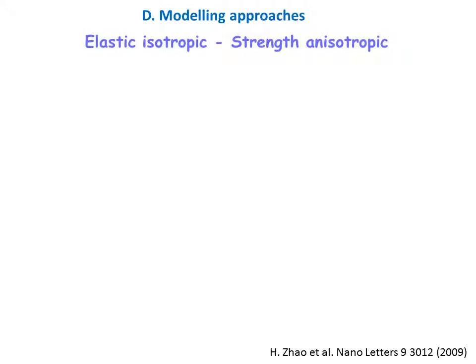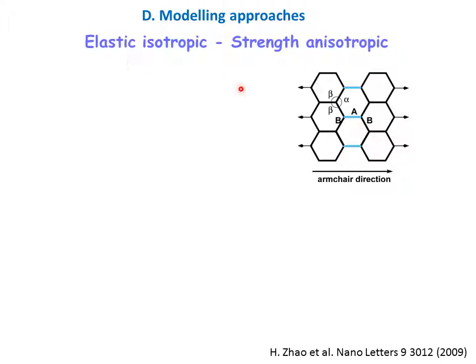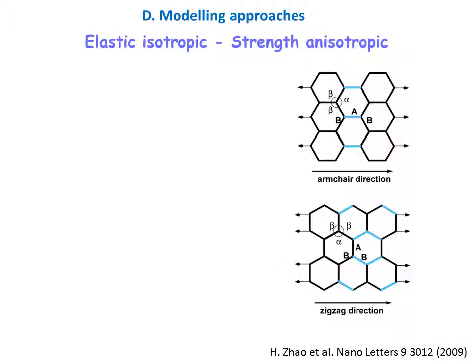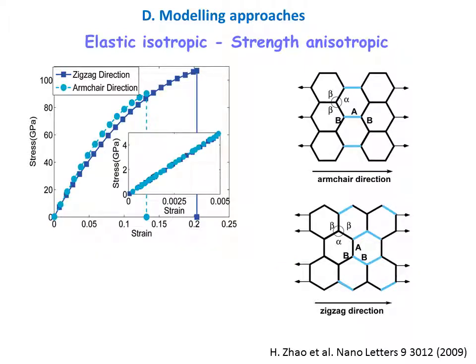Modeling also allows us to study the mechanical response of graphene, and in this study the response to uniaxial strain of graphene, applied either in the armchair geometry or in the zigzag direction as shown here, was calculated. The obtained stress-strain curve is shown here, and if we zoom into the lowest strain region, for which the usual elastic theory applies, we see that the graphene response is independent of the orientation.